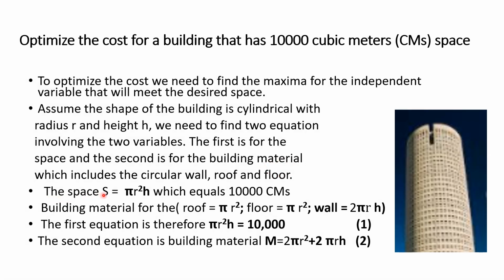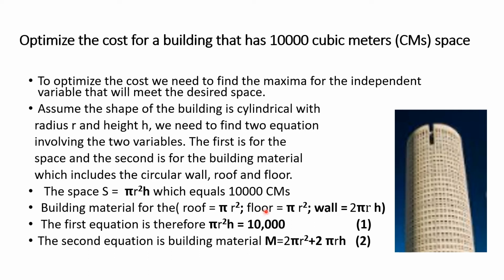The space S is given by pi r squared h, which is supposed to equal 10,000 cubic meters. So this can represent our first equation. For the building material, the roof is like a circle, so the area of the circle is pi r squared.